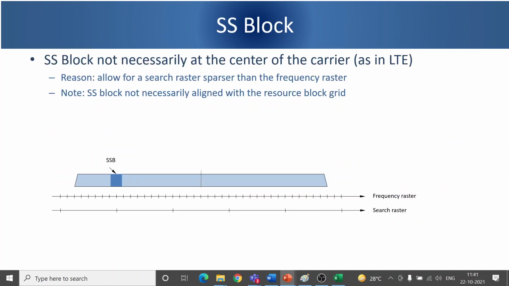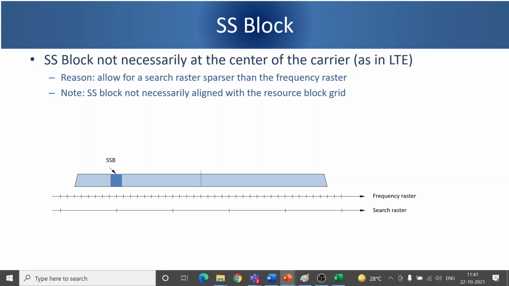Okay, now let's look at this particular slide. The synchronization signal block, right? As we said, in 5G it may be located on any of these frequencies, that is, the synchronization raster frequencies. Whereas in 4G, it used to always be in the center of the frequency.